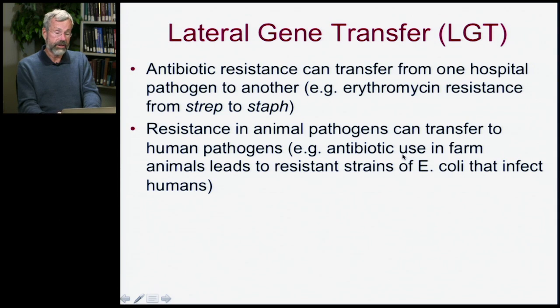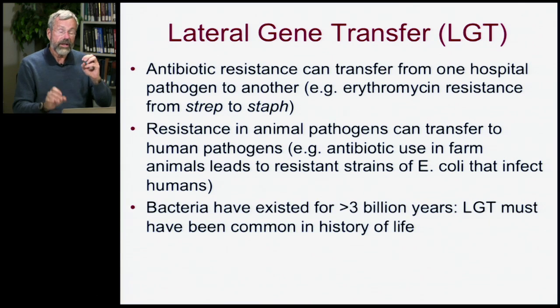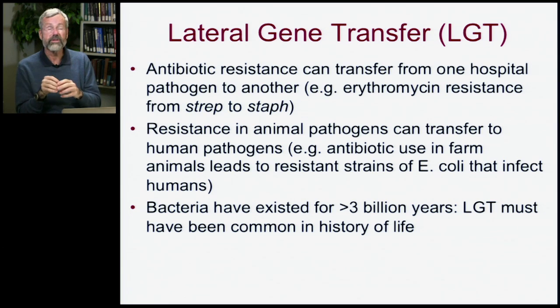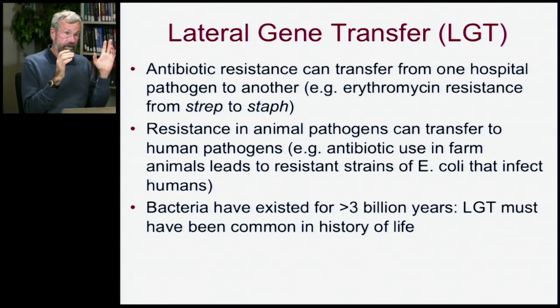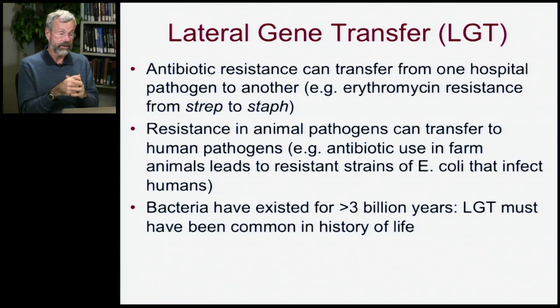So antibiotic use in farm animals can lead to resistant strains of a nasty bacteria, E. coli, that then can infect humans. So, given that we can see this in these circumstances of hospitals and in farms, we know it can happen from just very limited metrics of this.